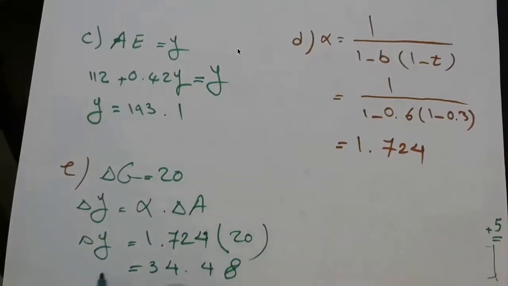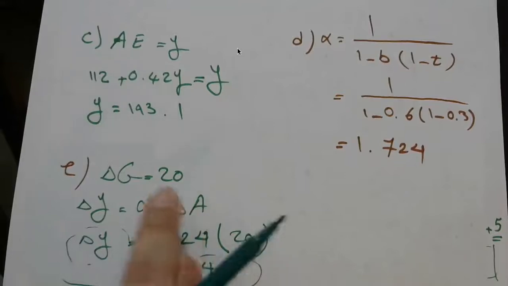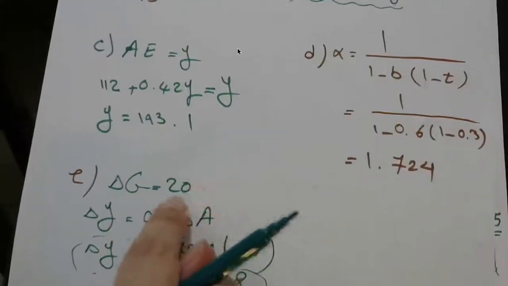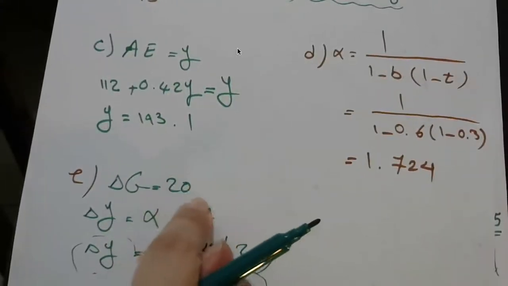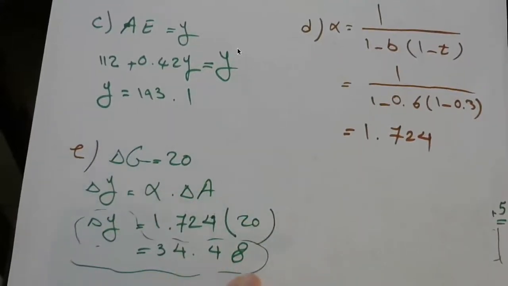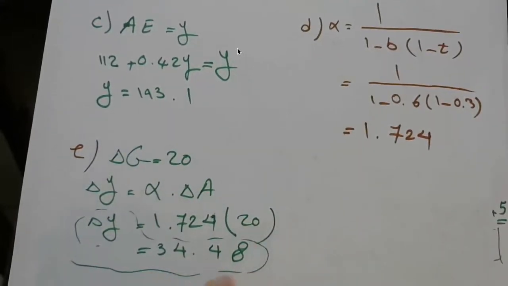Do remember, this is change in income, okay? So it means that we started from only 20 units extra of government expenditure, but the effect of these 20 units extra on GDP is 34.5 units more. So that's why it is called multiplier effect.